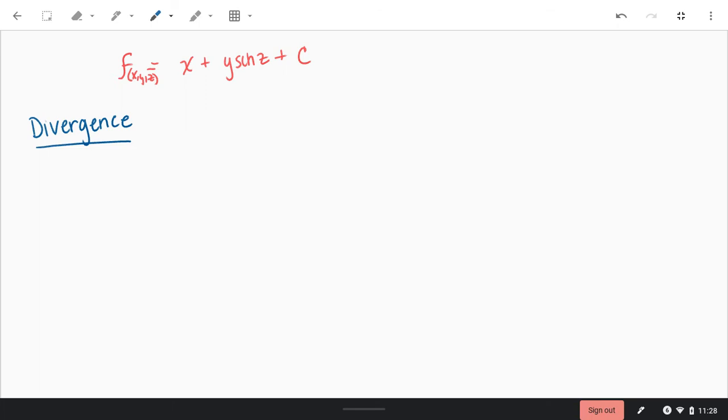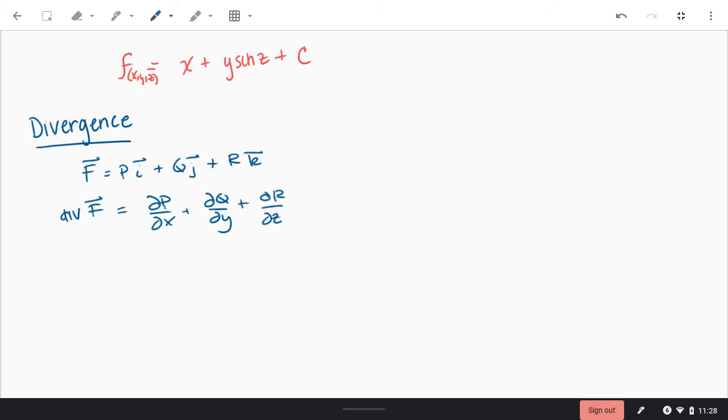So again, you're going to have this vector Pi plus Qj plus Rk. Okay, and your divergence of F is dP/dx plus dQ/dy plus dR/dz. Okay, and we've seen this before when we did gradient, but we're adding them together.